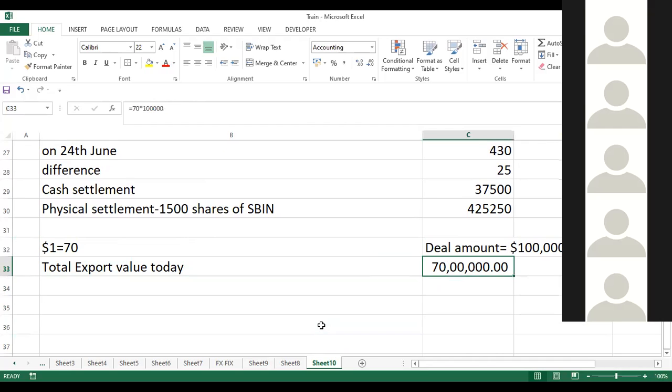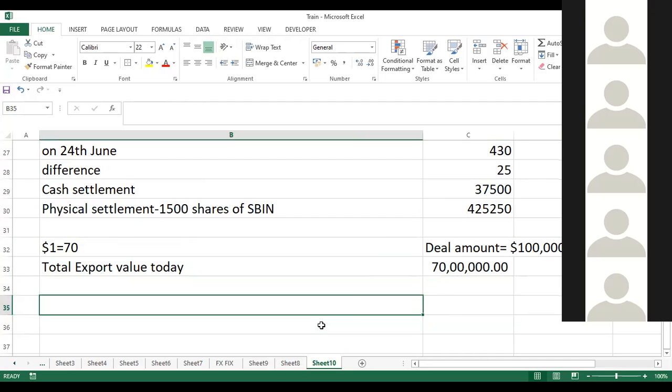So the exporter is worried about the rate changing. In fact, he's worried about the local currency, the Indian currency, strengthening. That is what he's worried about.